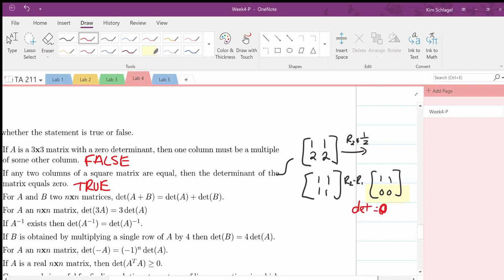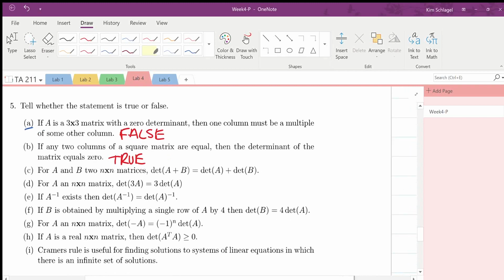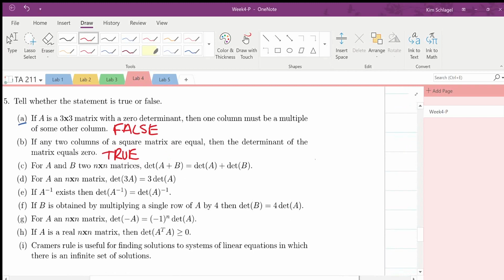Okay, so this is true because you can always do row operations and you'll end up with a row of zeros, and because of that, you can always expand along that row, and so the determinant is going to be 0. So in this case, it's actually true. So that's something also to look out for. If you ever see two columns being equal in a matrix, then for sure your determinant's going to be 0.